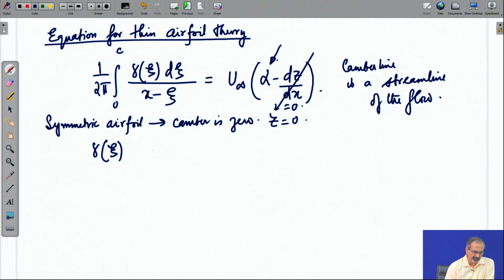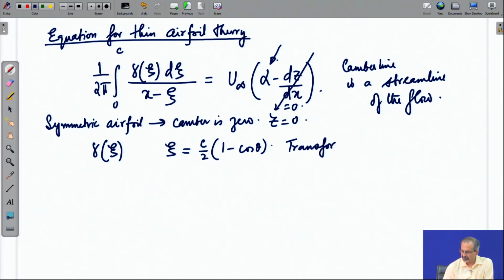Xi is a dummy parameter, and we substitute a function in order to bring about a transformation. That means we are going to obtain the solution of gamma xi in a transformed plane, basically the theta plane.